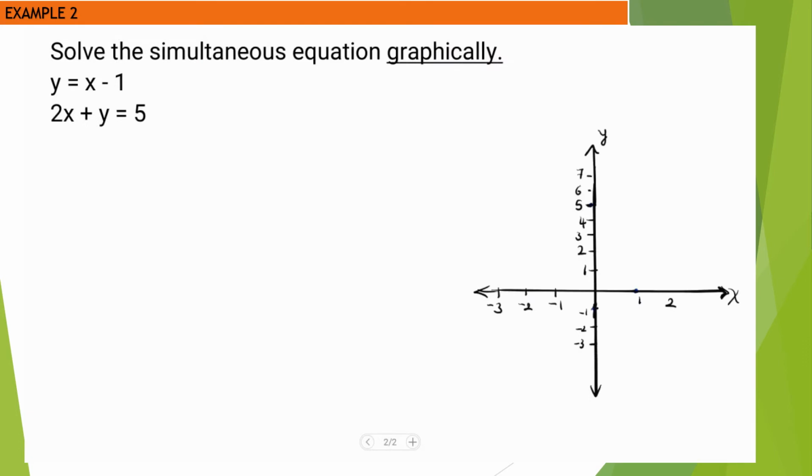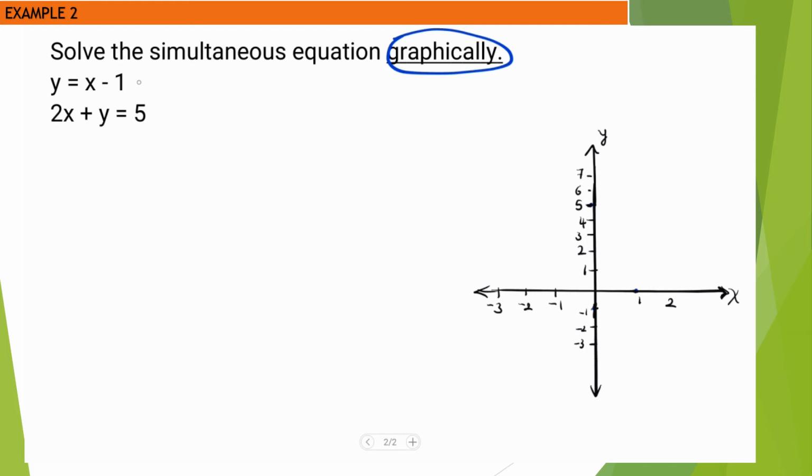In this example, we are going to practice solving simultaneous equations graphically. So you're going to draw both of the equations on the same coordinate axis. But what do they represent? Each equation represents a straight line. So to draw straight lines, you need to plot points corresponding to those equations.